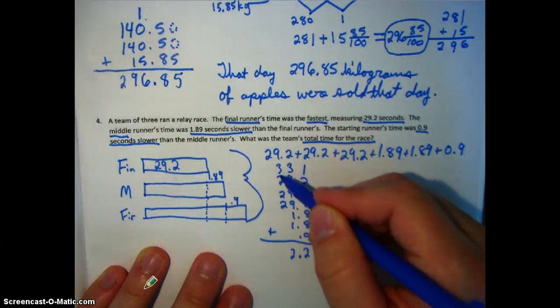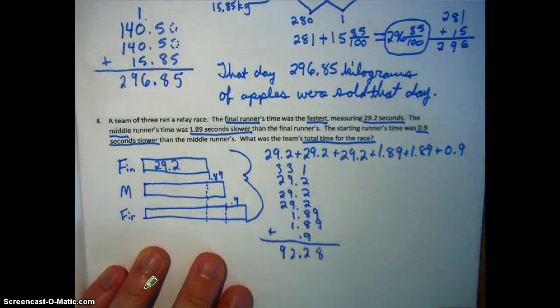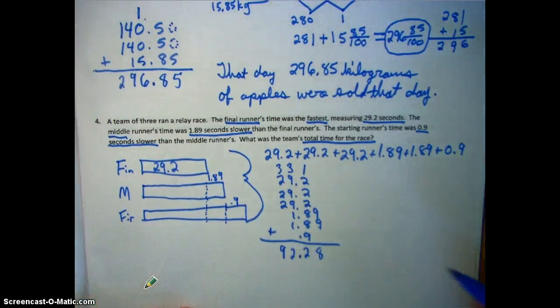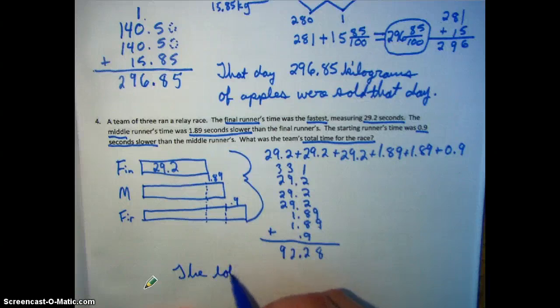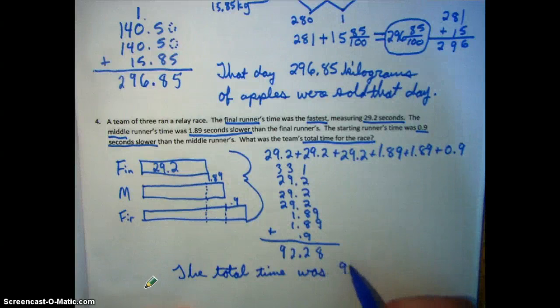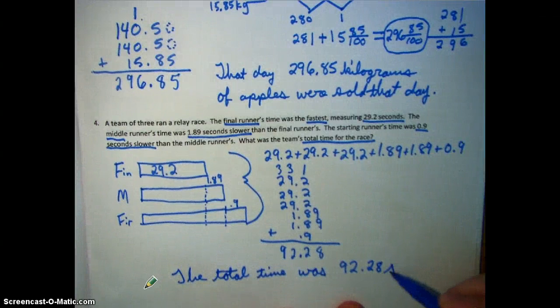And then 3, 4, 5, 7, 9. Okay, and there is our final time. Okay, so the total time was 92 and 28 hundredths seconds.